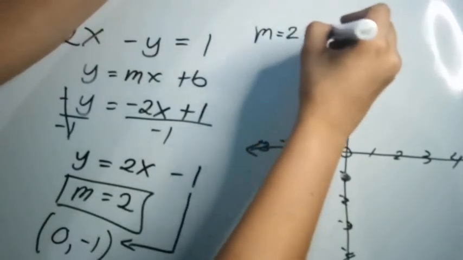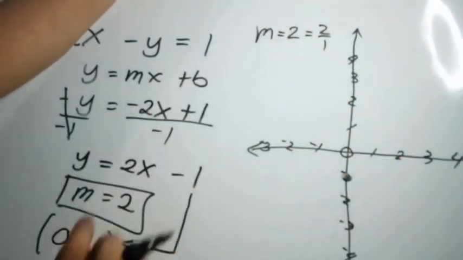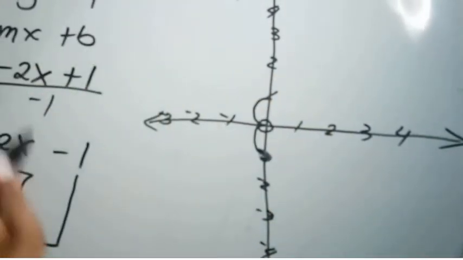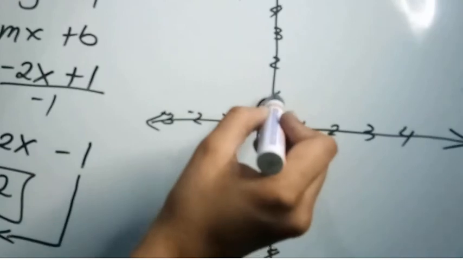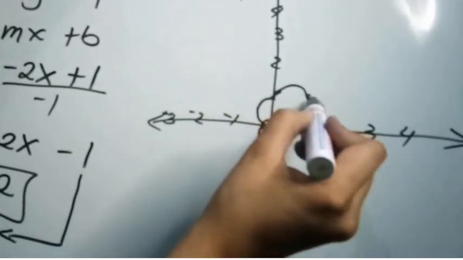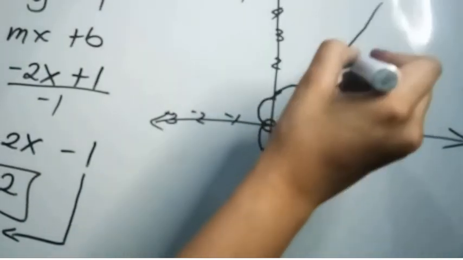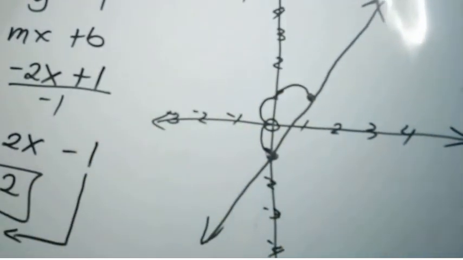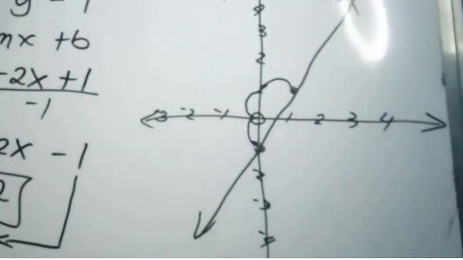It means we have 2 over 1. So we rise 2 upward because it is positive. Then 1 for the run, always to the right. So this will be the graph of the equation 2x minus y is equal to 1.